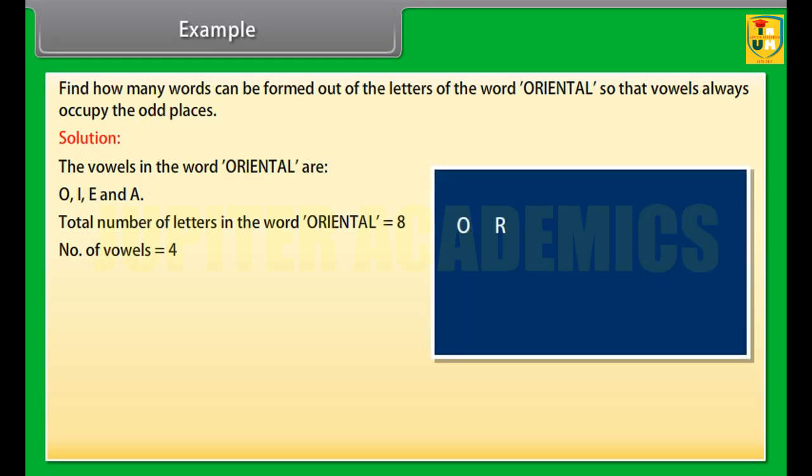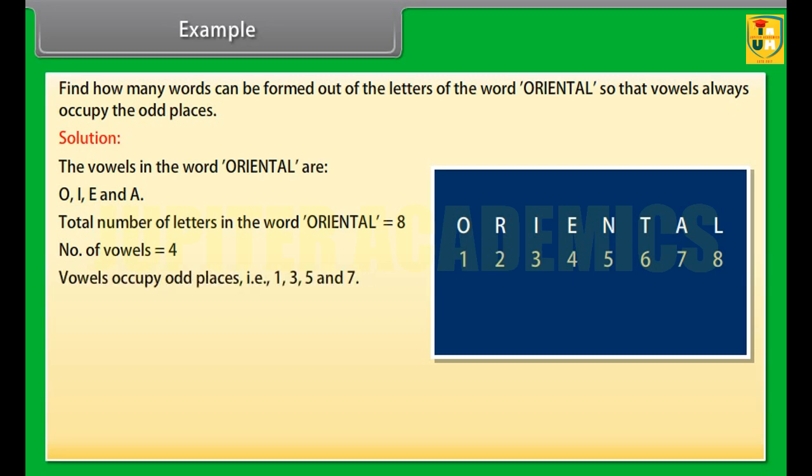O, R, I, E, N, T, A, L. 1, 2, 3, 4, 5, 6, 7, 8. Vowels occupy odd places, that is 1, 3, 5 and 7.